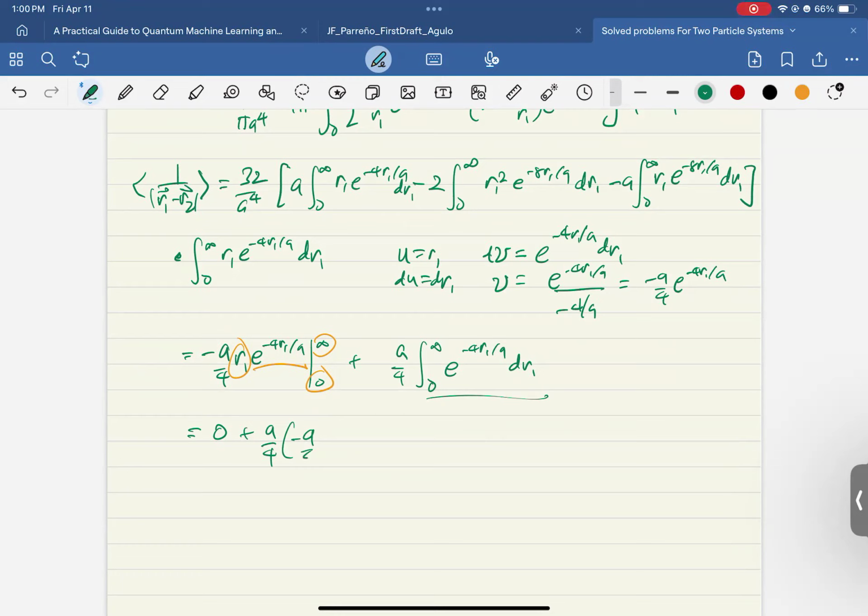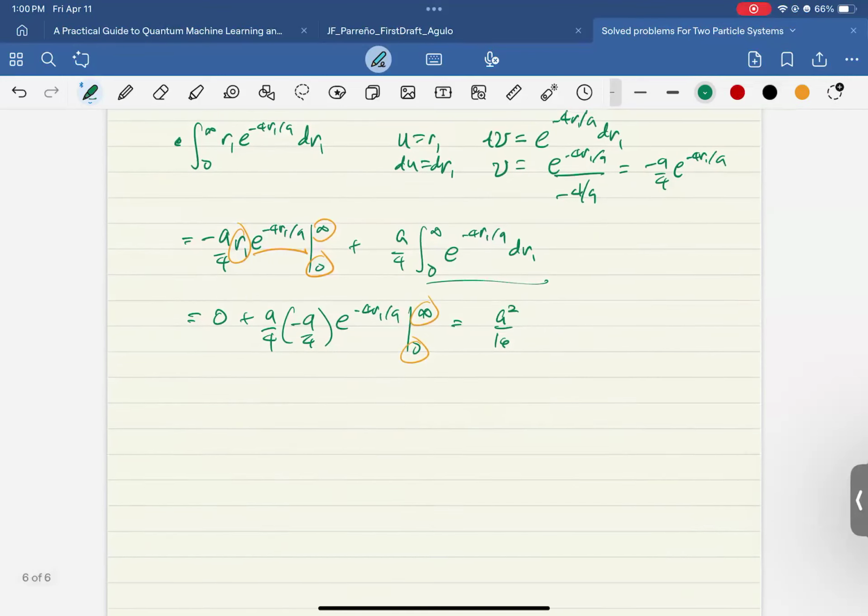So that's negative a over 4, yung coefficient ng r1. Exponential negative 4 r1 over a evaluated from 0 to infinity. Yung upper limit niyan gives us 0, pero yung lower limit gives us 1. So we end up with a squared over 16. So yun yung first term.